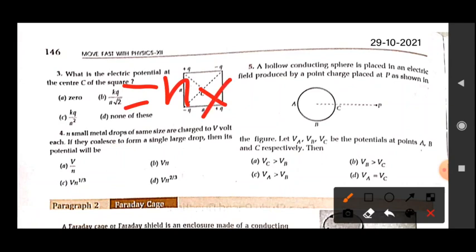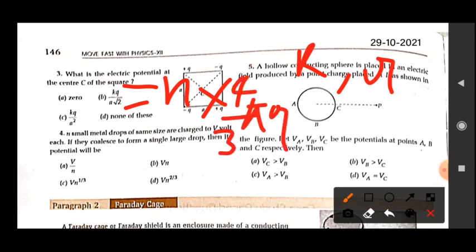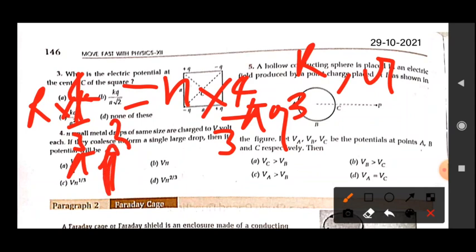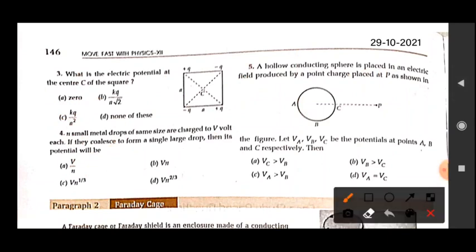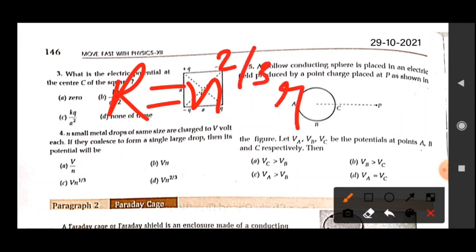Suppose the bigger drop has radius capital R and the smaller one has radius small r, so n into 4 by 3 pi r cube, and on this side you can keep 4 by 3 pi R cube. Then you can calculate the value of R, and that is obtained as n power 1 by 3 into r.